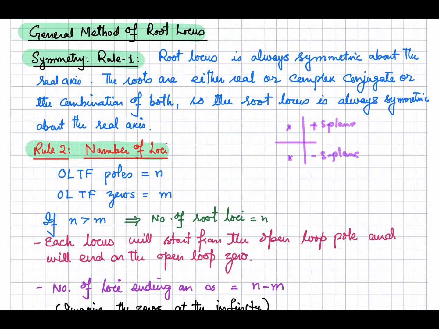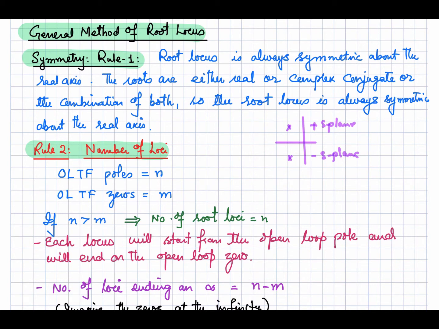Okay, so the second rule is to find the number of loci. Let's suppose the open loop transfer function has n poles and m zeros. All the poles move towards the zeros, and if the number of zeros is less than the number of poles, then those poles move toward zeros sitting somewhere at infinity.